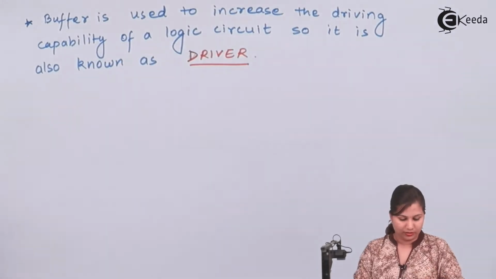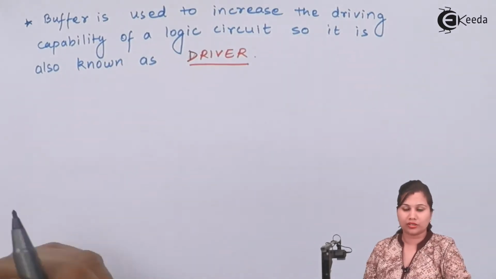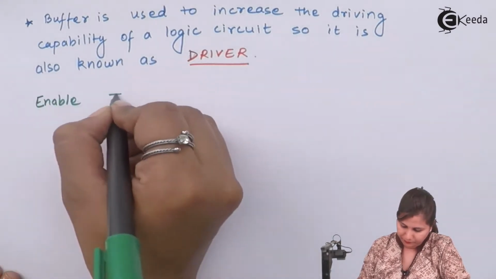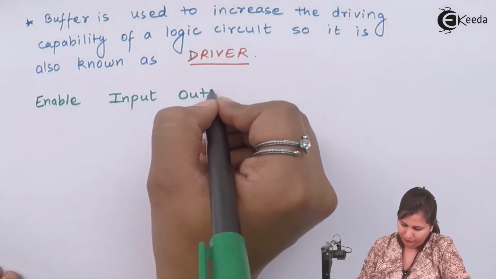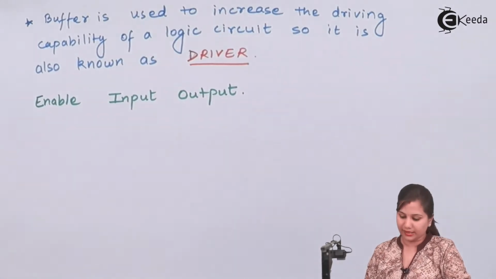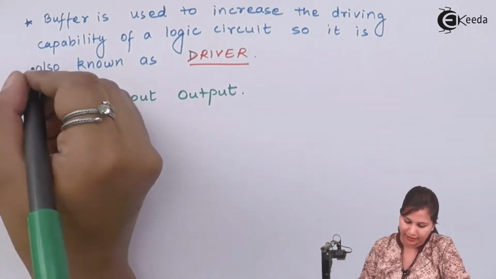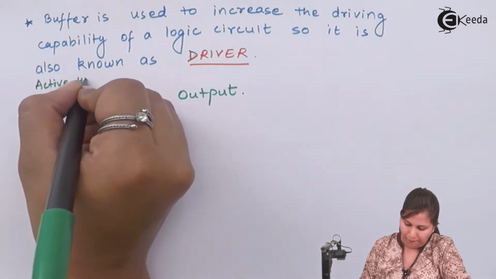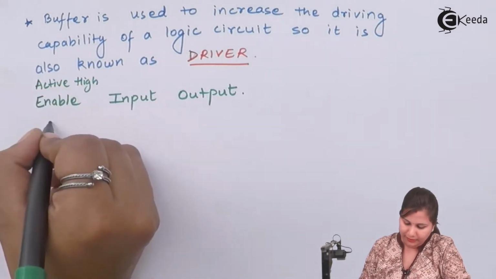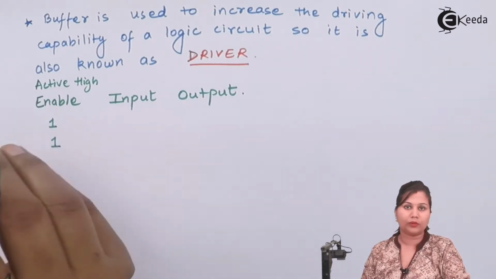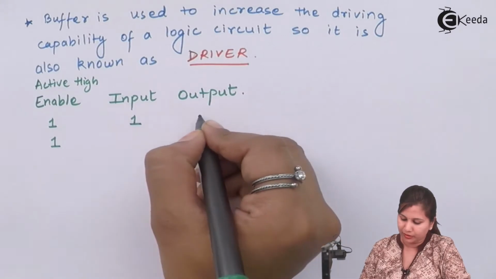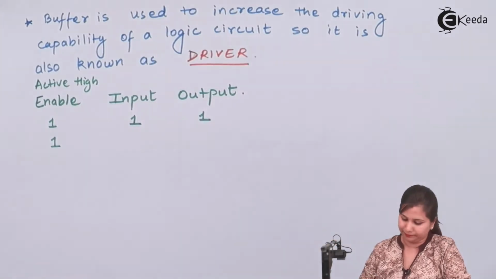Now, if we see the truth table for it, we are taking the case when the enable line is active high. So when this enable line is 1, then only this device will work. So whatever the input is, the output will be the same.